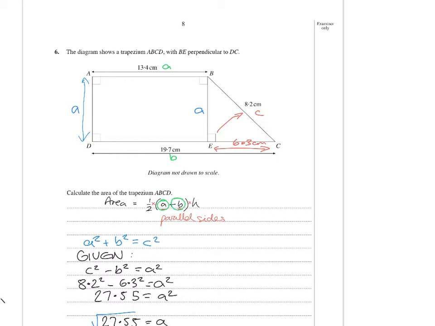Okay, so it is going to be area is equal to a half times by bracket 13.4 plus 19.7. I'm going to close the bracket and I'm going to times by that height. Now that height is what I called a before, which I know is that 5.2 answer that I just had.